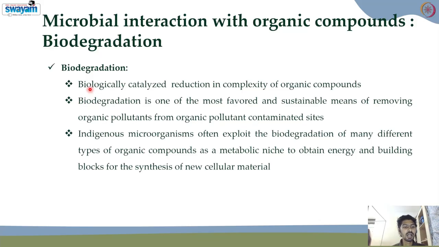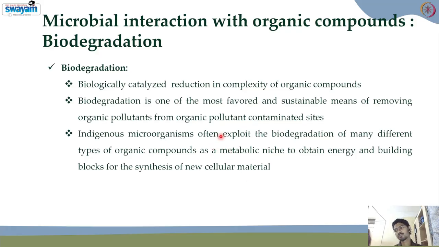And why is it so important? Because this is one of the most favored and sustainable means of removing contaminants from a polluted site. The indigenous microorganisms often exploit the biodegradation of many different types of organic compounds as a metabolic niche to obtain energy from the compound by oxidizing it, and for the synthesis of new cellular material.